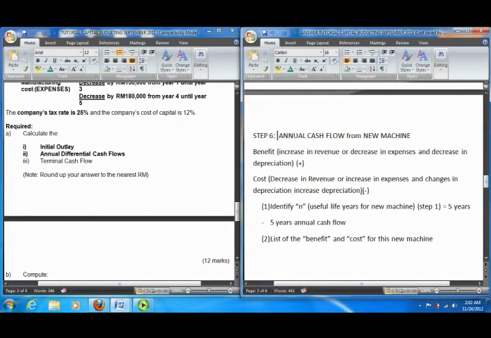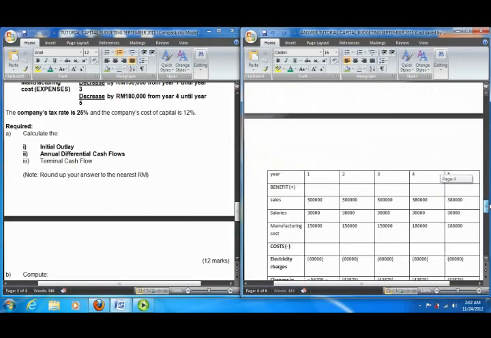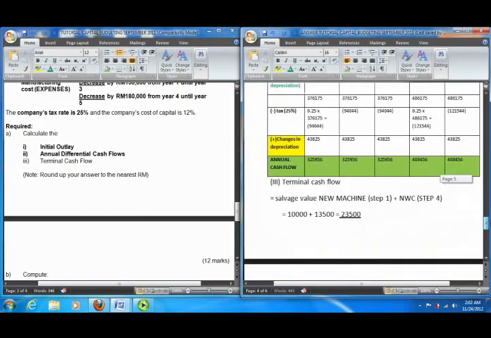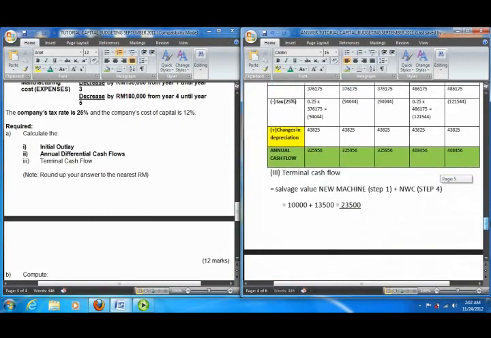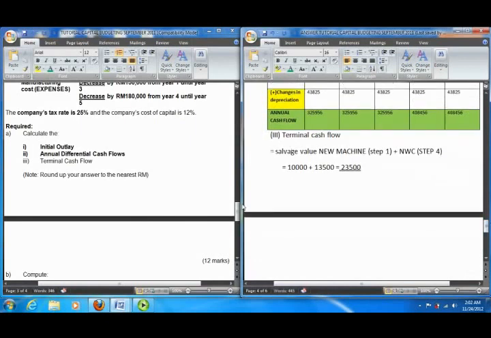Correct, class? Step 6 is question number 2, annual differential cash flow for the new machine. Next, lastly, you have to construct a table, then you can calculate your terminal cash flow.